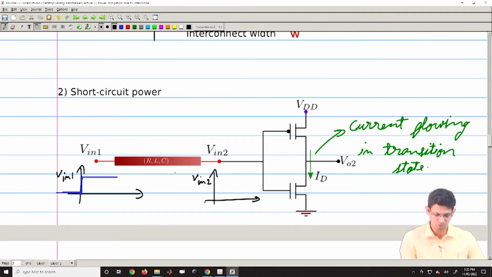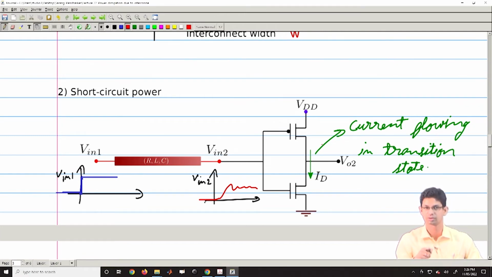So, V in 2 is the output. Here your voltage will be going something like this. Even if this interconnect was not there, still turning on and off this device will take some time, and there would be some transition state where there would be some current flowing through this ID, and then that would contribute to the loss.